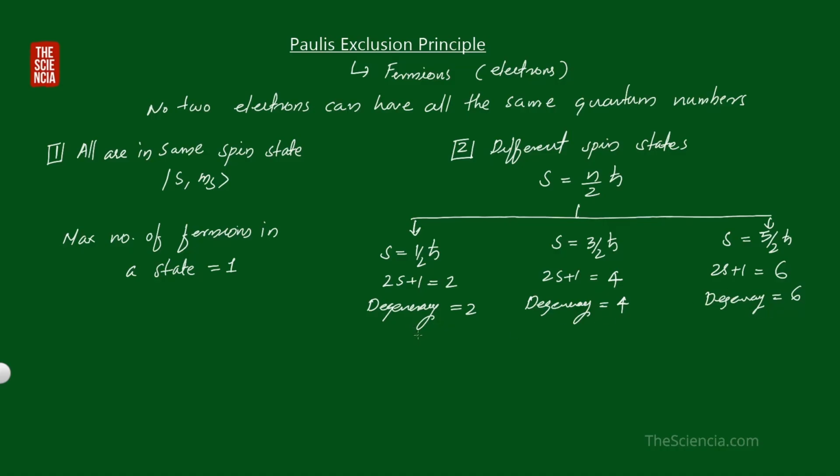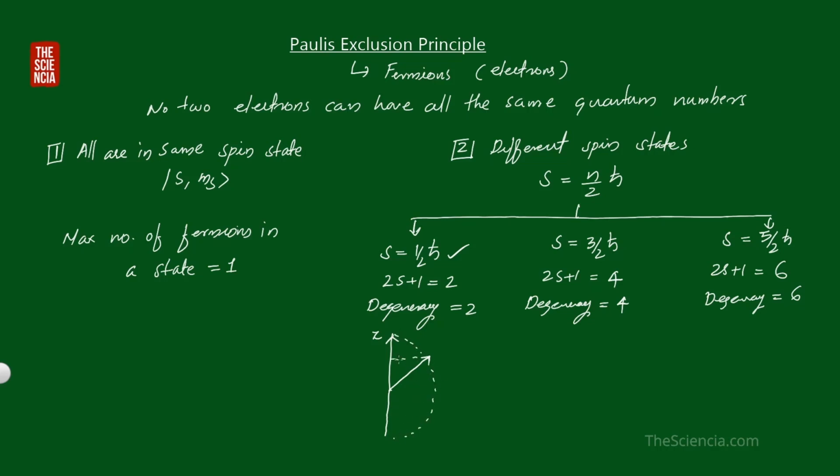Maybe you have some doubts. I will give you a little more explanation. What is spin state equal to half h cross? Suppose this is the axis and this is the S vector, that is half h cross. The length of the vector is half h cross. So it can take two orientations.